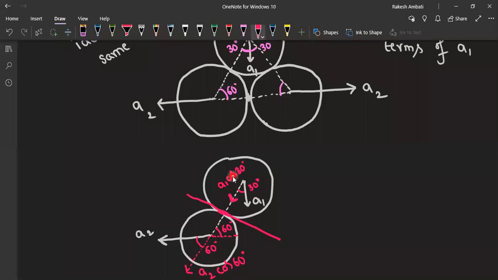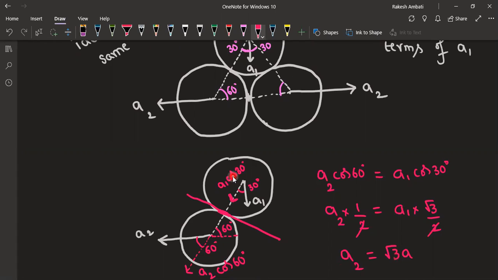One acceleration is A1 cos 30, and along the normal, one more component is A2 cos 60. Therefore, A2 into cos 60, which is 1 by 2, equals A1 into cos 30, which is root 3 by 2. The 2 cancels out, so A2 equals root 3 times A1.